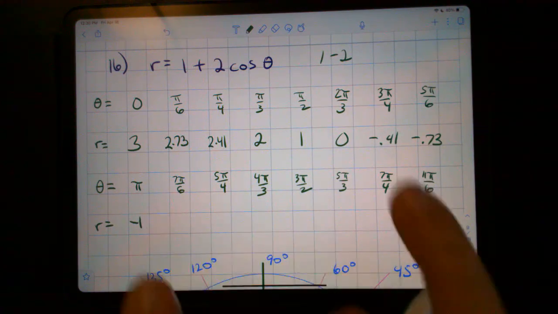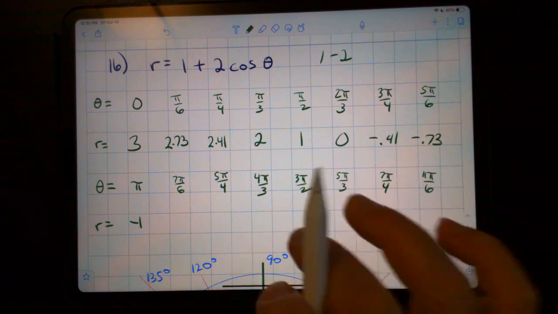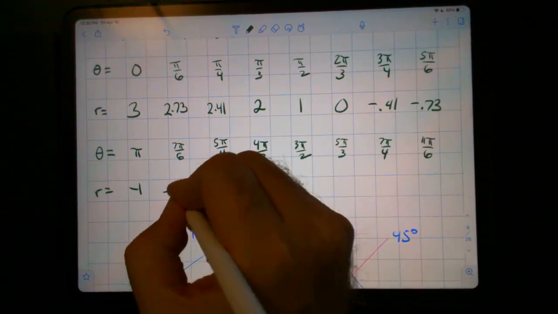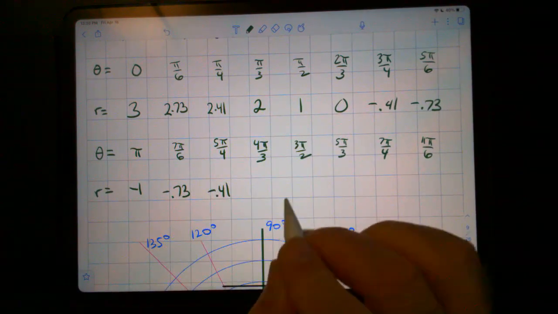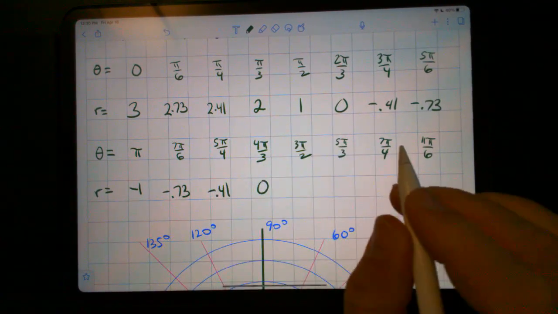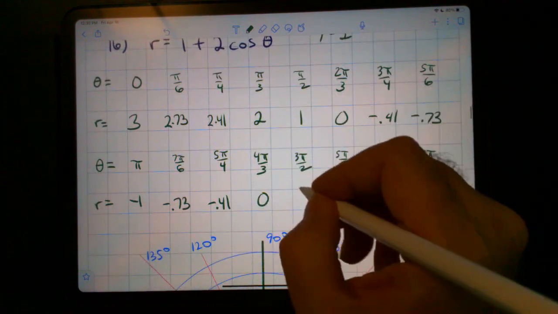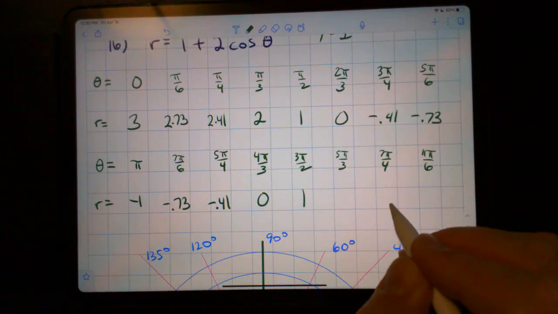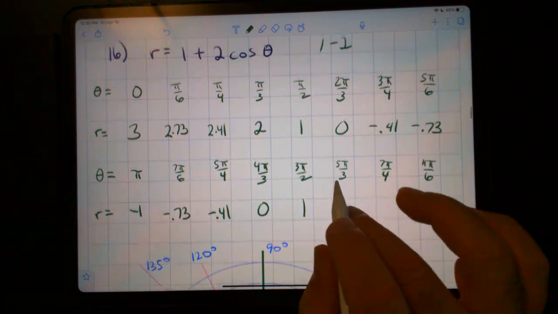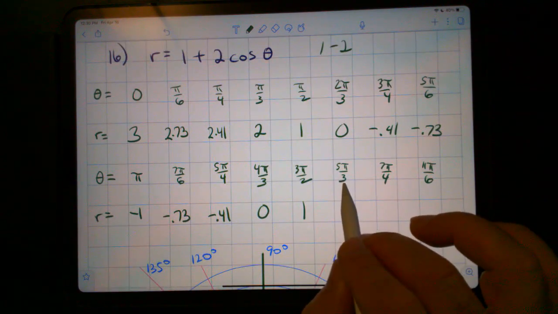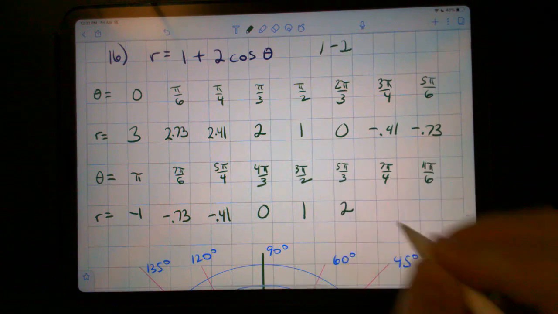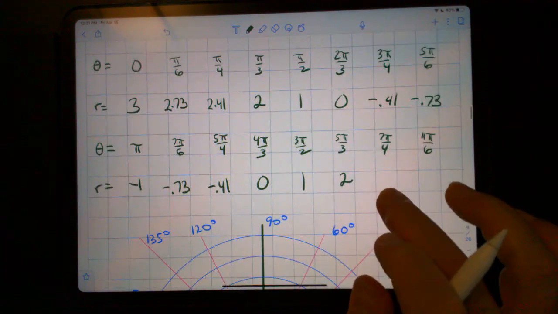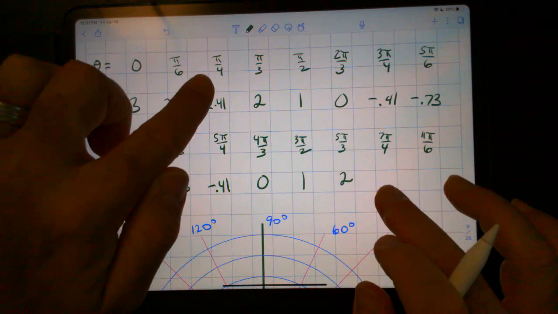Cosine of 7 pi over 6 will be the same as 5 pi over 6. So this is negative 0.73. This will be negative 0.41. This will be 0. 1. Now this is positive, cosine of 5 pi over 3 is positive 1/2. 1/2 times 2 is 1. 1 plus 1 is 2. 7 pi over 4 would be the same as pi over 4.